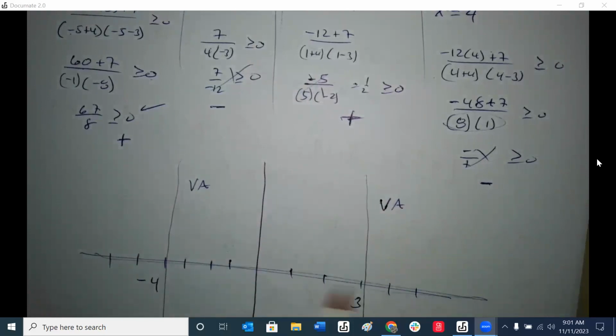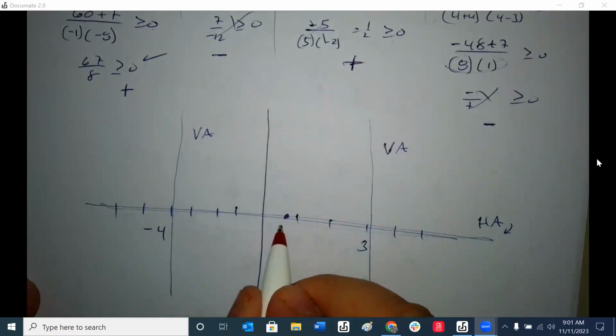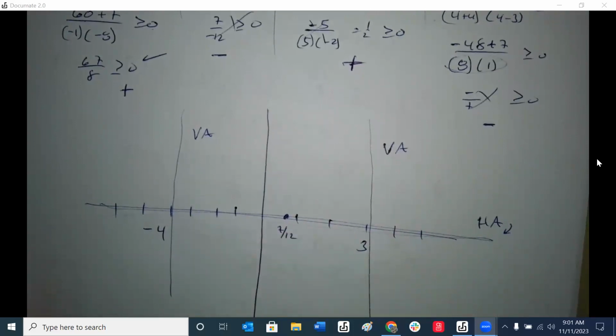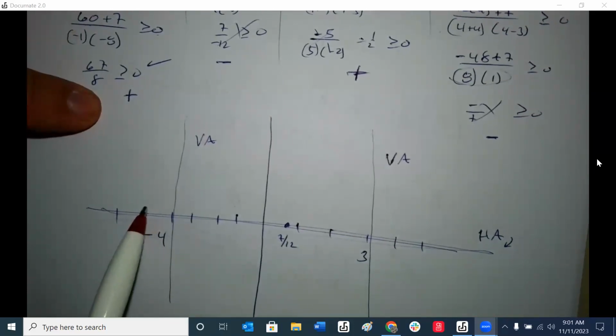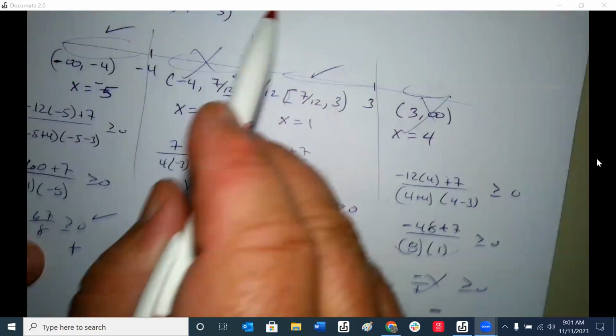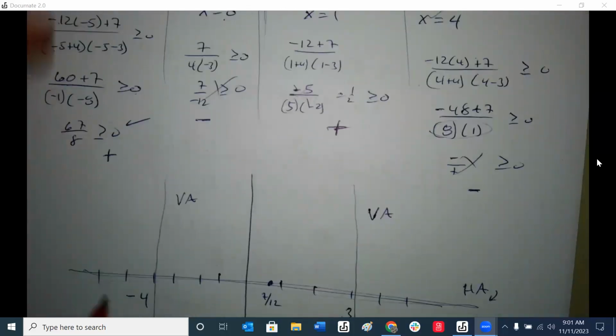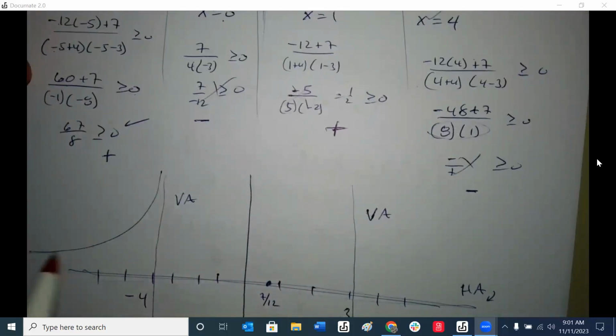And the x-axis is the horizontal asymptote. And we have an intercept at 7/12. So in this first interval, we know it's greater than 0. And it can't cross that, so we know this one's going to look like this.